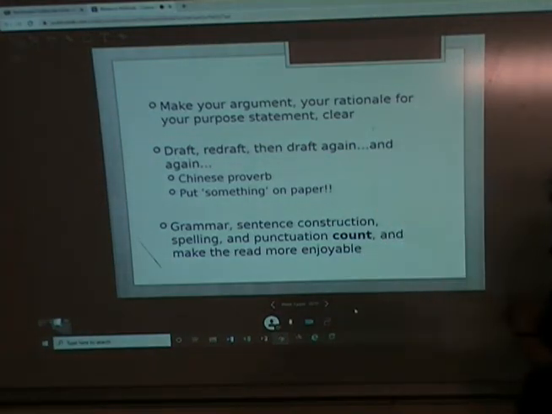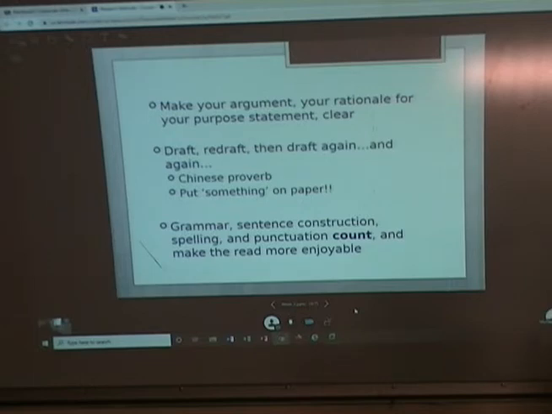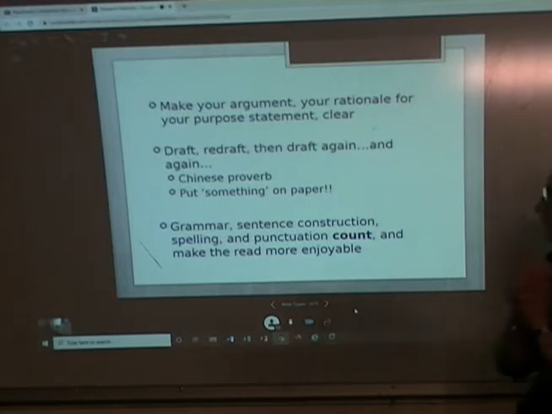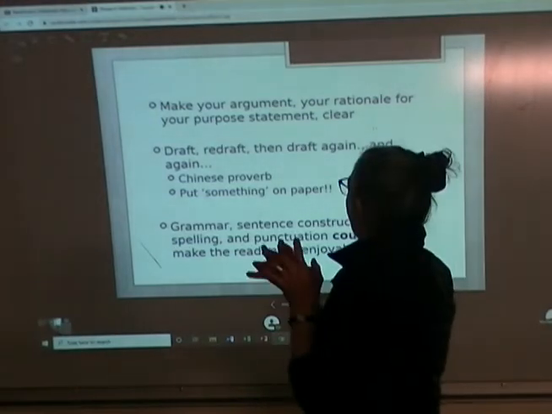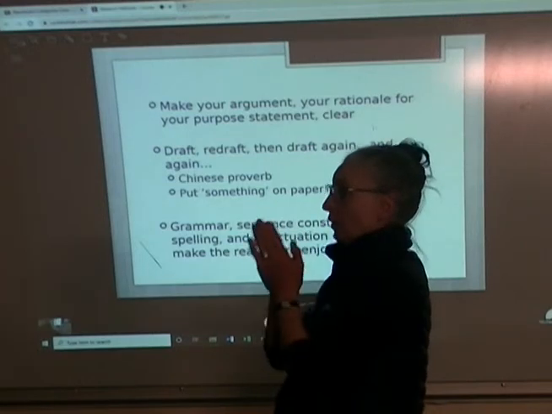And then we want to do a lot of drafts, okay? This is something that I think as master's students, we're not very good at. Certainly I wasn't initially very good at it until I got kicked hard a few times by my advisor. But you learn that this is important.